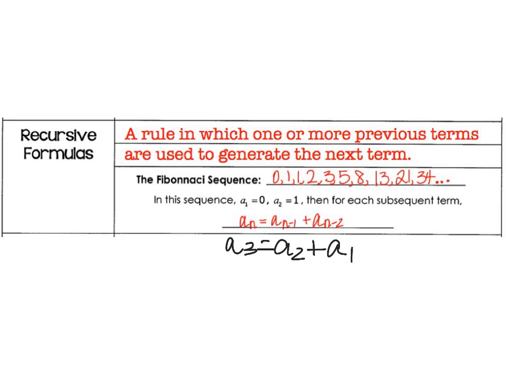So we're taking the previous term and the term before it, adding them together, and it gives us the following term. This is a very famous recursive formula, the Fibonacci sequence, all right? That's why I wanted you to recognize this. And all recursive formulas are similar to the Fibonacci sequence in that they use the previous terms to get the following term.